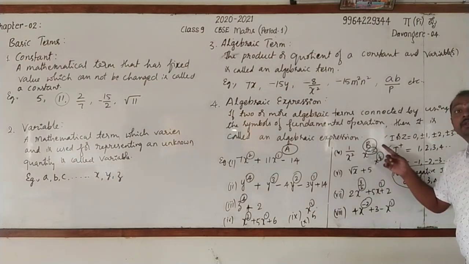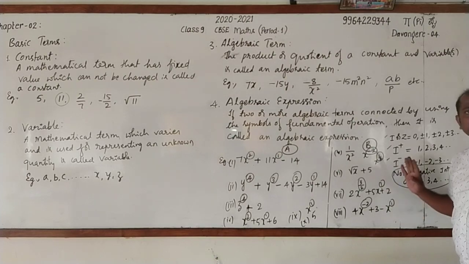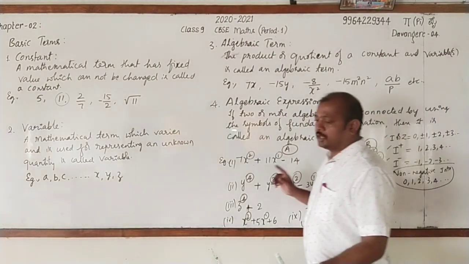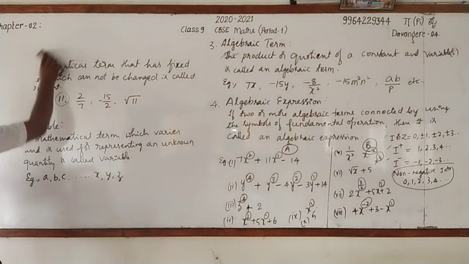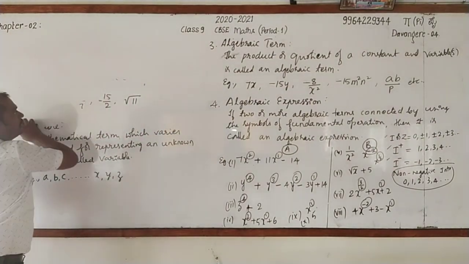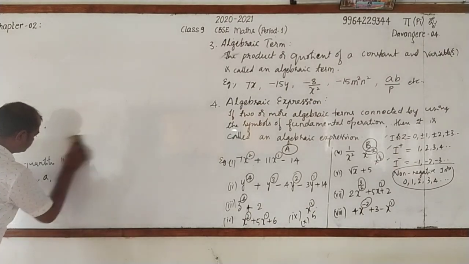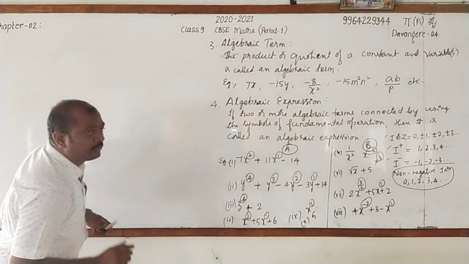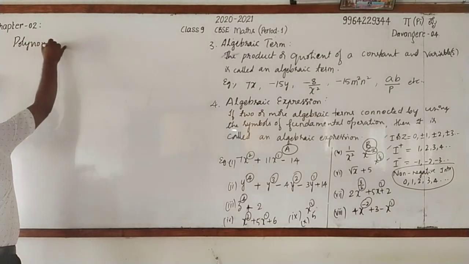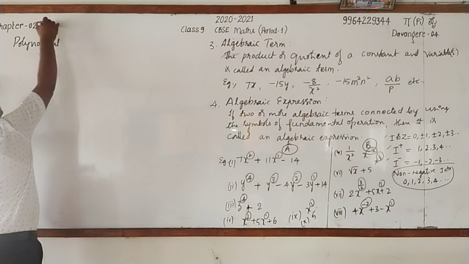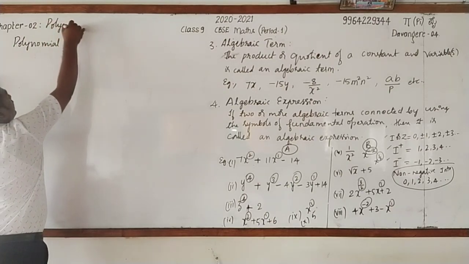These are called non-polynomials. Got it? Now, let me write the definition of a polynomial. Once you recall the definition, as I write, just keep telling yourself polynomial, and this is also the name of our chapter. Here I'll write polynomials.